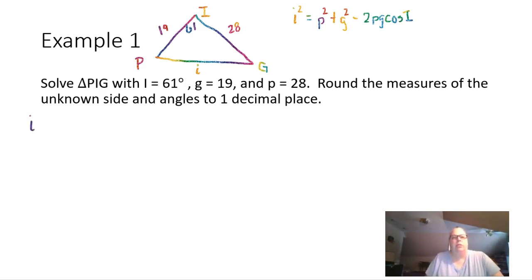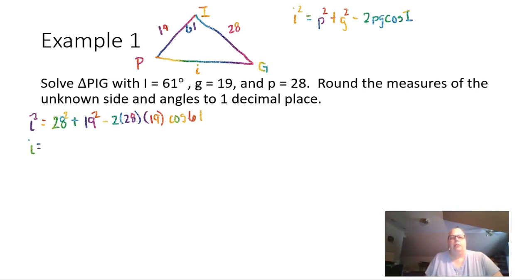We have I squared equal to P squared plus G squared minus 2 times P times G times the cosine of angle I.